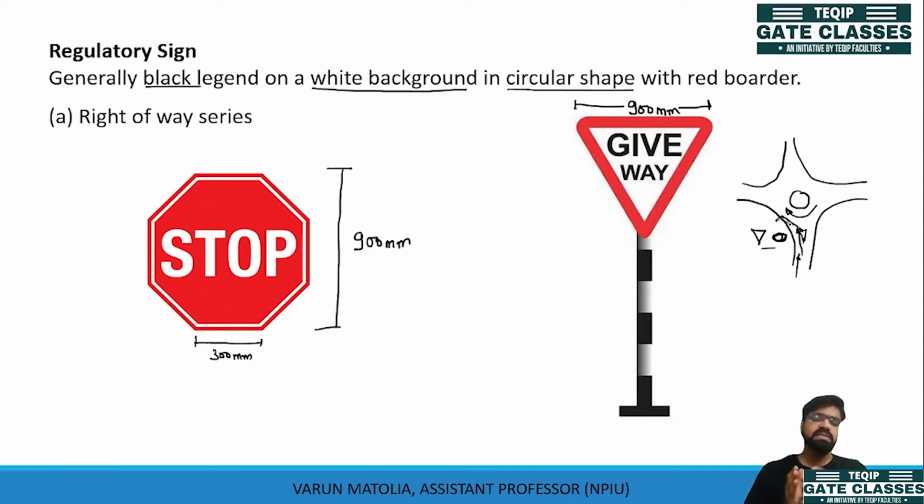So the give way sign provides you a safety cushion, because the vehicles which are moving ahead may not know about your presence. If they do not know about your presence, they will collide if you enter into this intersection. So that's why give way signs are provided. So these are the exceptions.